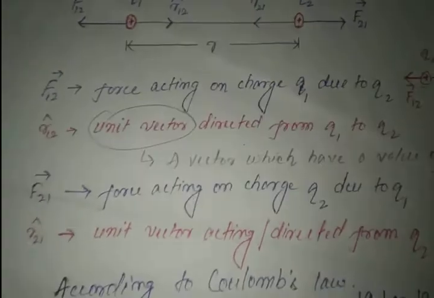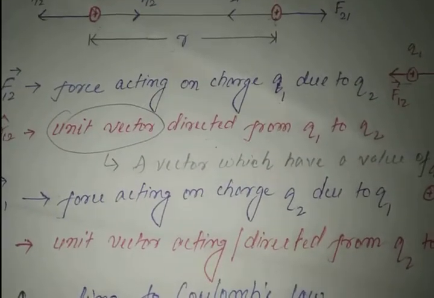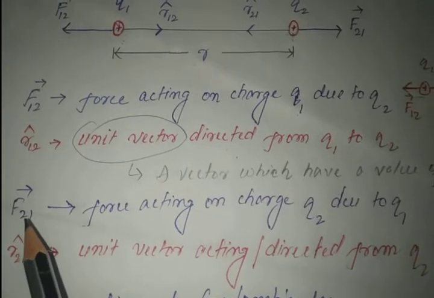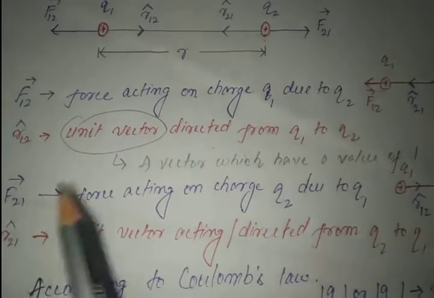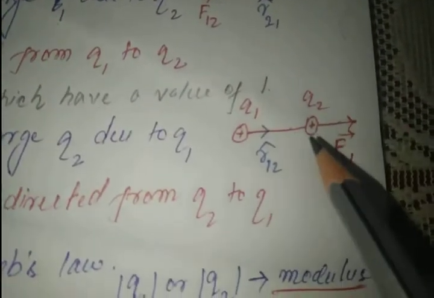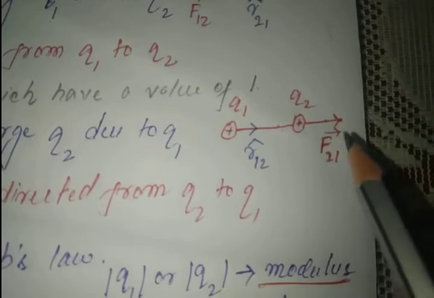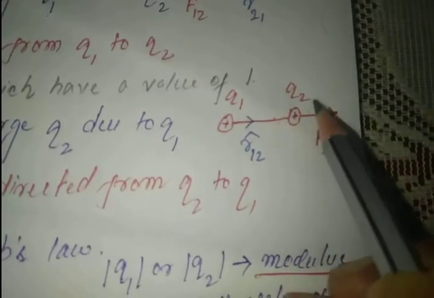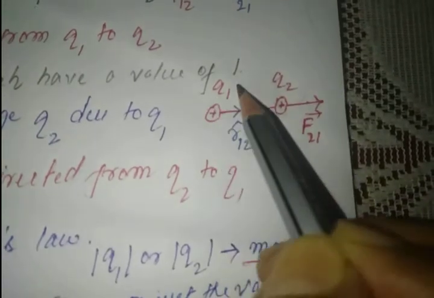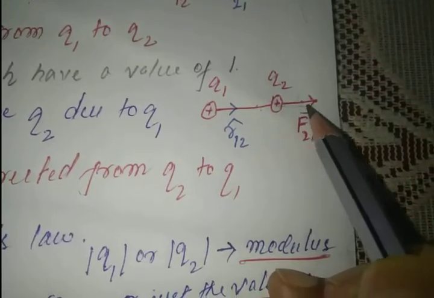Next we have another force acting here, the force F21. What is force F21? Force F21 is the repulsive force acting on charge Q2 because of charge Q1 along this direction.